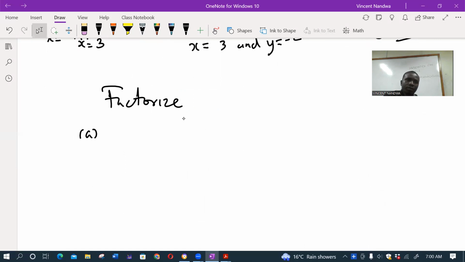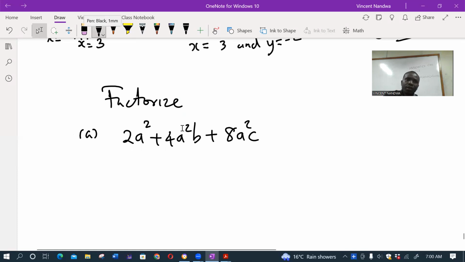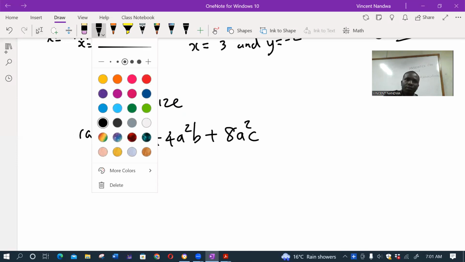A, we have 2a squared plus 4a squared b plus 8a squared c. So the easiest way to factorize this expression is to start with the constants or numbers in each of the terms. The first term has 2 as the number, second term has 4, third term has 8. So the common factor of 2, 4, and 8 is 2.